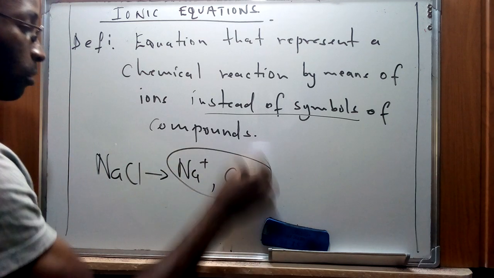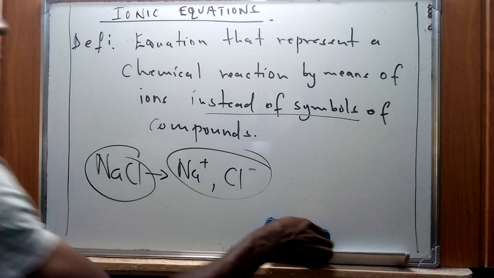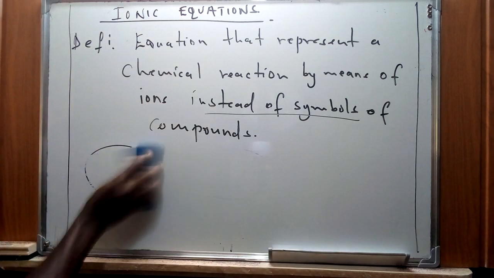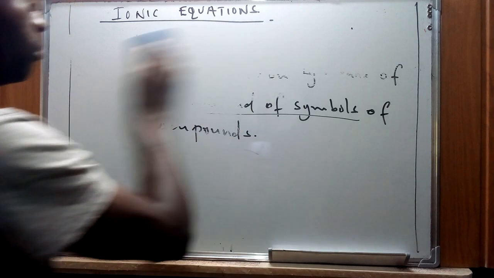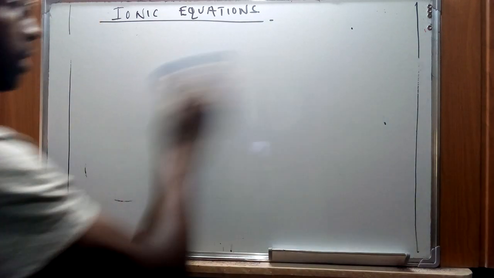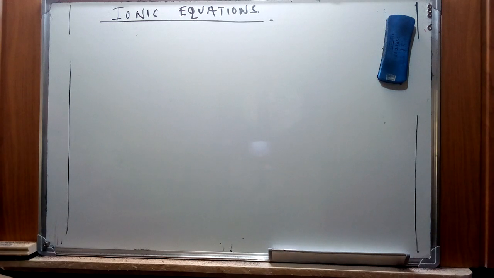So we're going to put emphasis on that one instead of this one. From that statement, this is just a summary of what it refers to. So I'm going to give an example so that we can look at how we can represent that specific reaction in the form of ions.